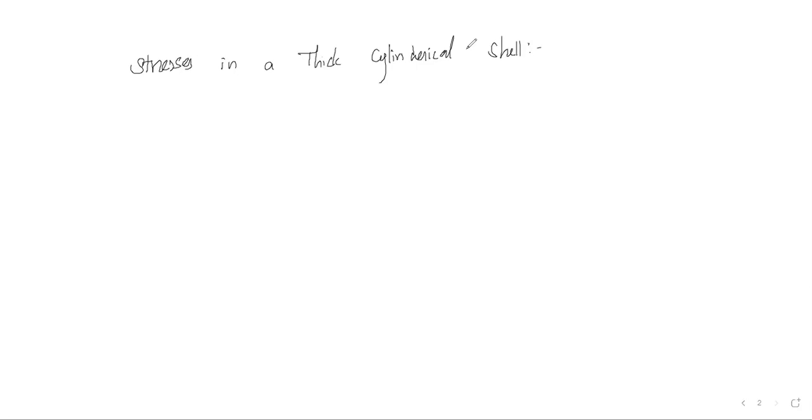So we are having some constraints. So I'm not going to derive the complete equation. Just I'm going to tell the formula for the thick cylinder. Okay. So the thick cylinder diagram will be like this.